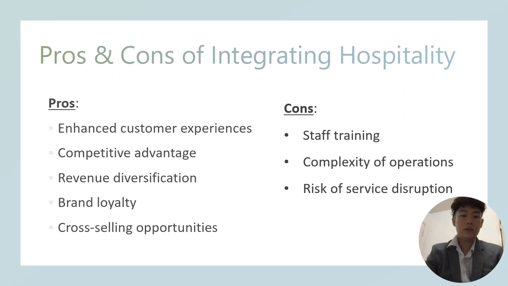Alrighty, moving on to pros and cons of integrating hospitality into an airline company such as United. So, when you're integrating hospitality, this would overall enhance customers' experiences. They're not getting your traditional snacks and food on the plane.